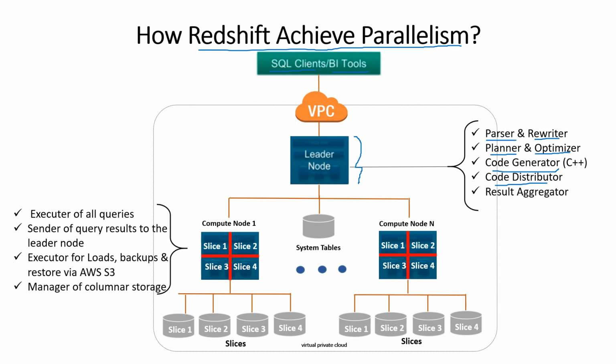We have 1 to n number of compute nodes that are divided into many slices. Each slice will do a portion of the query, and eventually the result of this query is sent back to the leader node. The leader node is going to aggregate all these results and send back the result to the client.